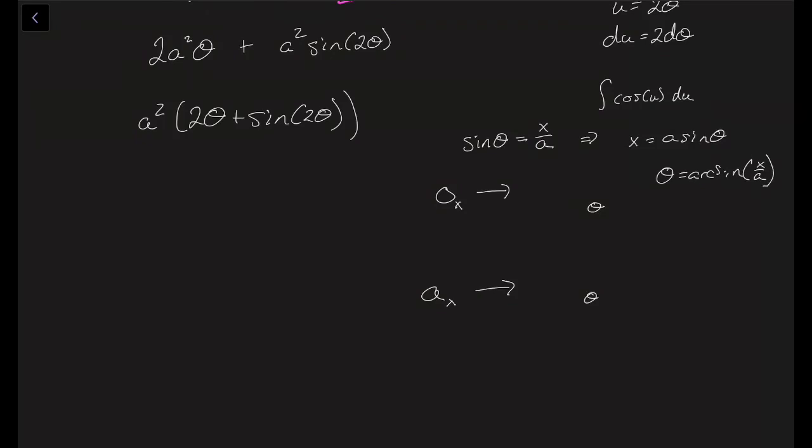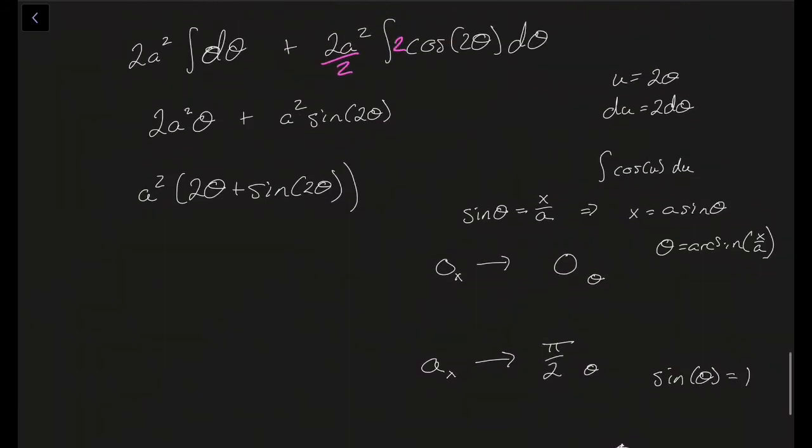So arc sine of 0 over a is the arc sine of 0, which is 0. And here, a goes to the arc sine of 1. So the arc sine of 1, we're solving sine of theta equals 1. And if you remember your graph of the sine, 1 is right here, and that's at pi over 2. So pi over 2 in the theta world.